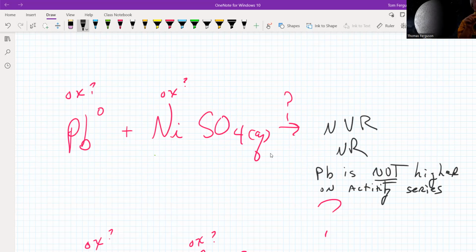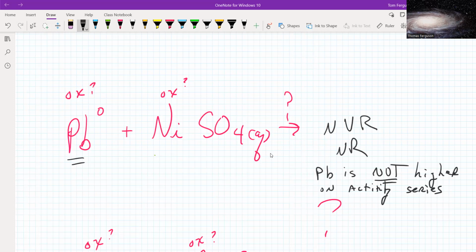So you always go by the metal first. This is what determines it. You find that, and then you find the other one. As long as the one is higher, everything happens. Otherwise, nothing happens. And this is a stability issue.